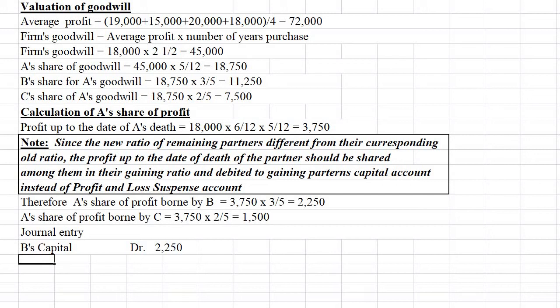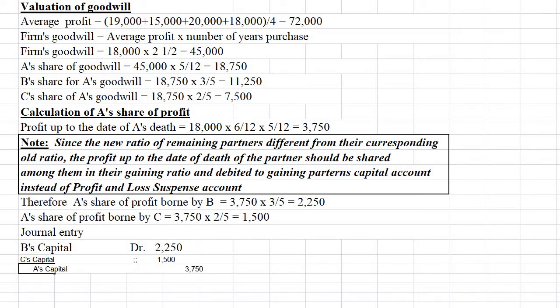Then C's capital debtor 1,500 to A's capital. A's capital 3,750.